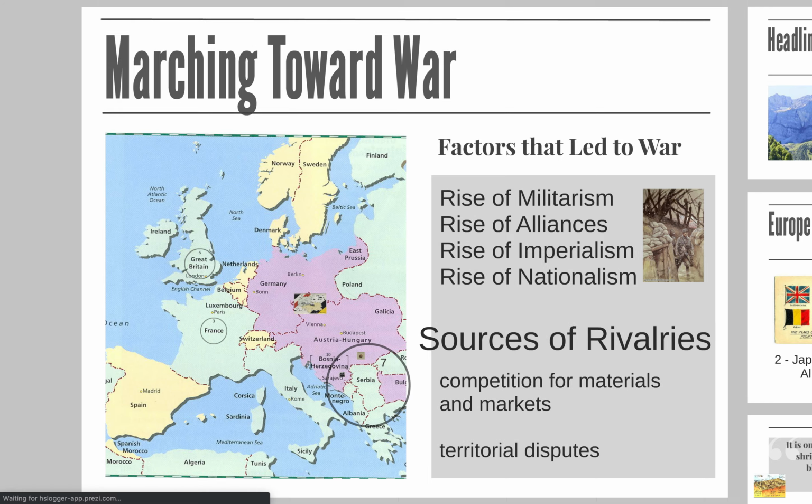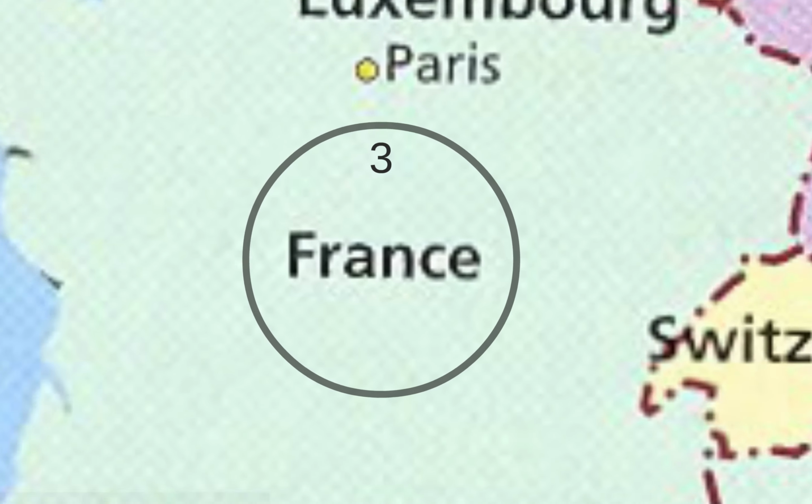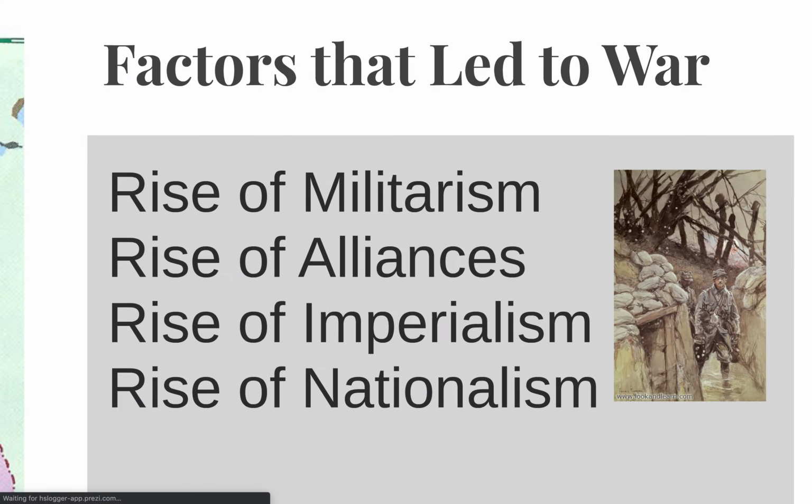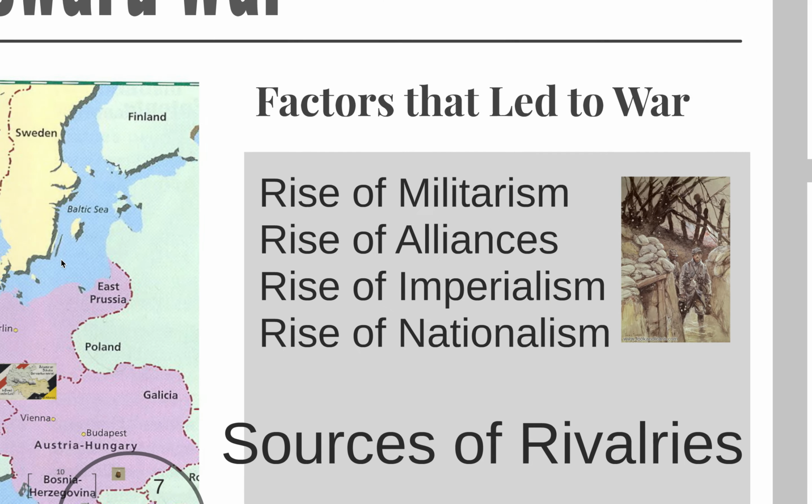All right, if we look at this map here, so there's our alliances. If we go back to the map here, we see that there is Germany, located right here. As they were building up their artillery and their military, they felt the greatest threat by their neighbor France. So there's a French-German rivalry that has been existing for a while. They're neighbors, they're competing for resources in the world, and that was causing problems.